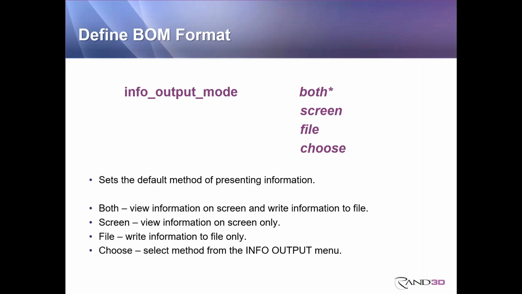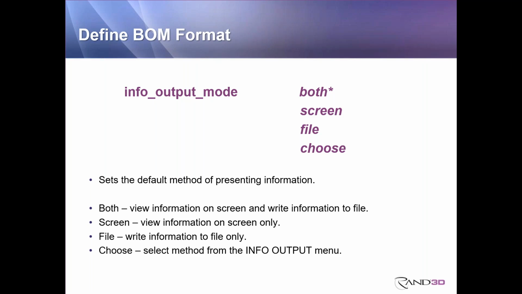Alternatively, if you'd rather have the information from your BOM report run come out on the screen only, then you can switch to, for this option, info output mode screen, and that will allow you to see the output information in your Creo main graphics window only.